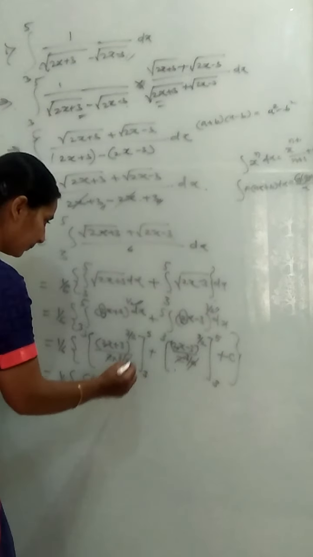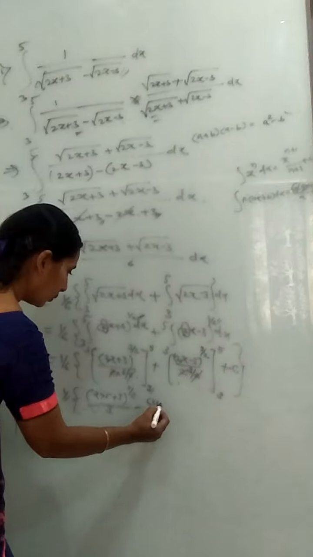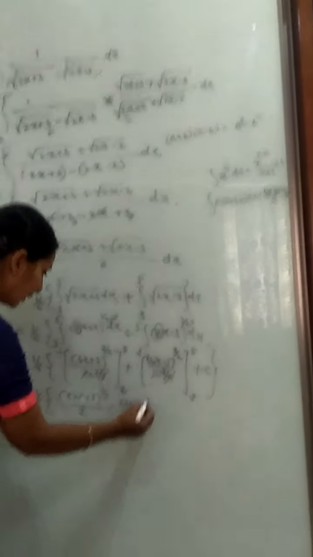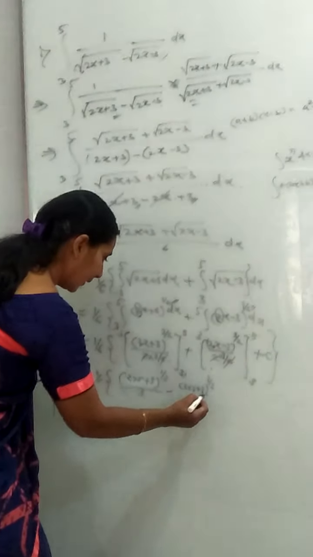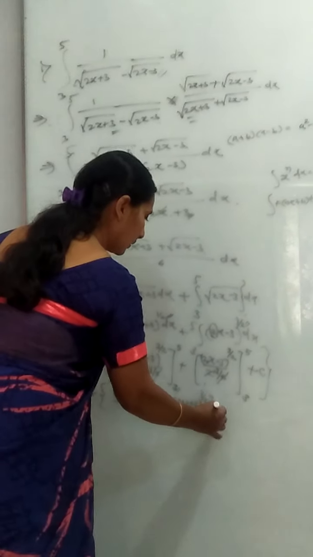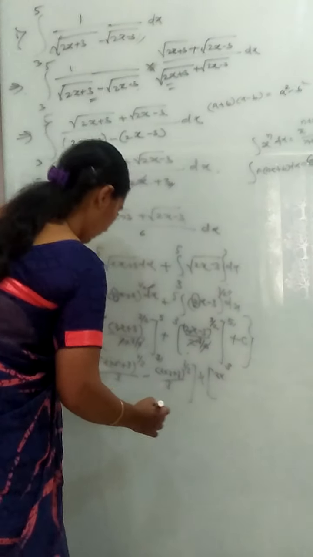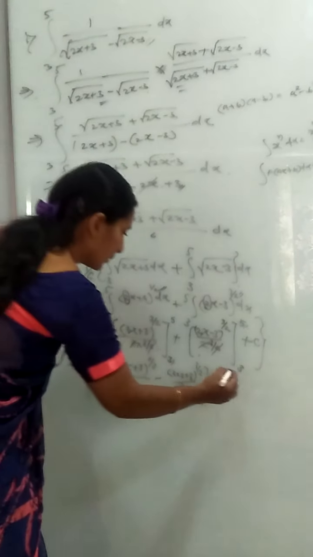And then substitute 3: minus (2 into 3 plus 3) raised to 3 by 2 divided by 3. For the first term we take plus, 2 into 5, here we take 5.